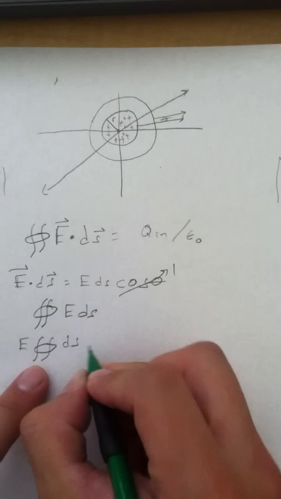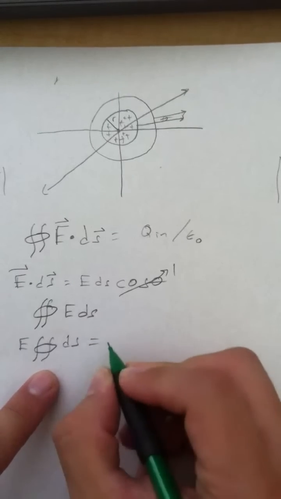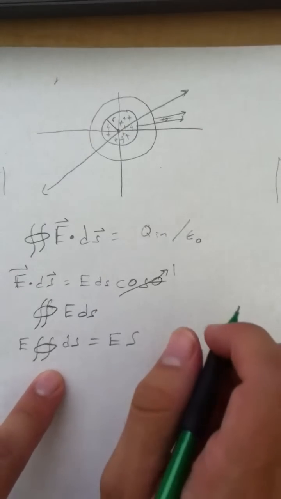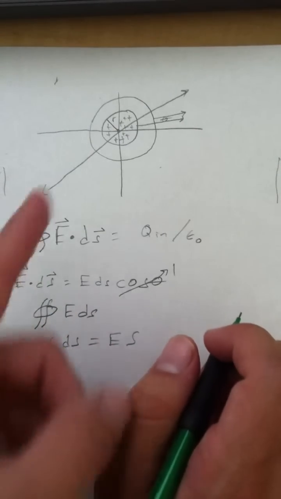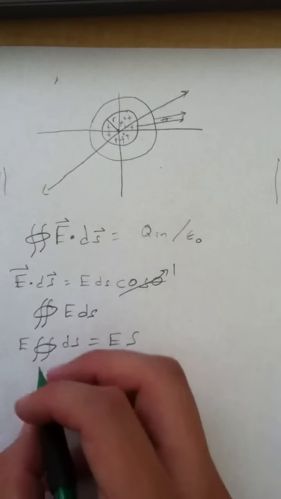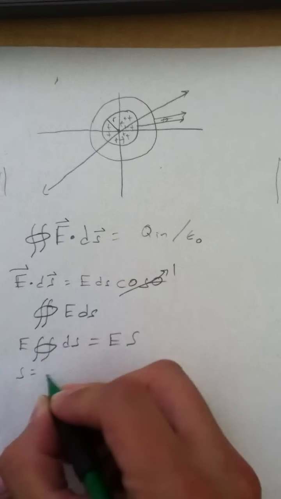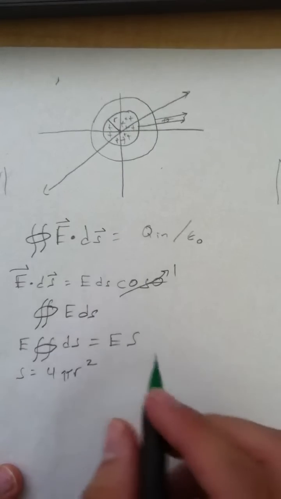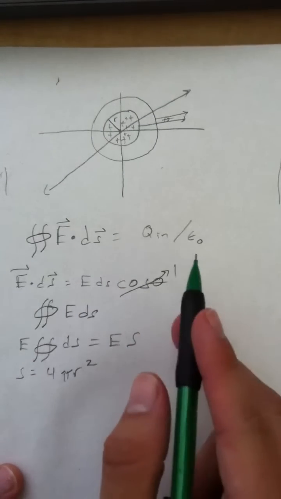And then we're left with dS. That's going to equal just E times S. Now S is the surface area of the sphere. So we set S equal to 4 pi r squared. And now we're done with the left side of our equation.